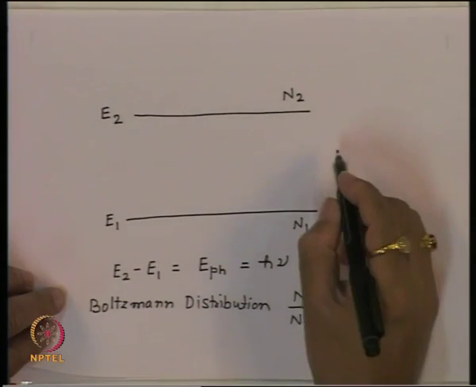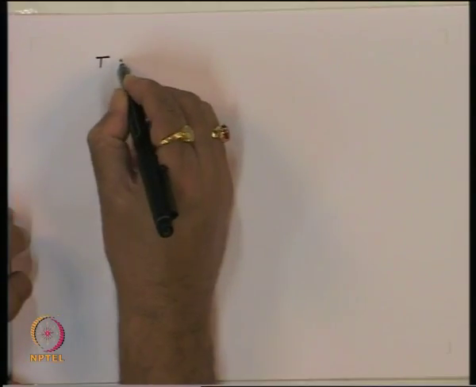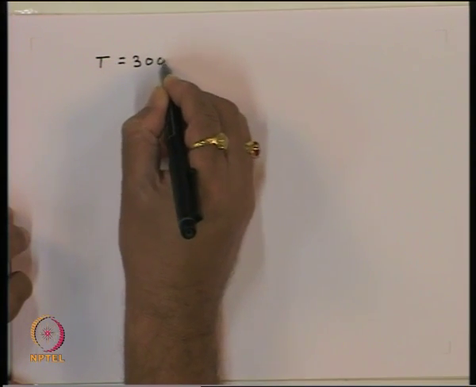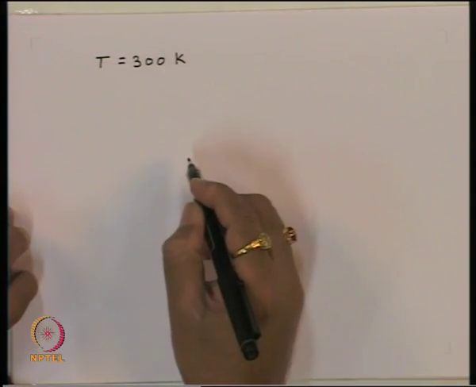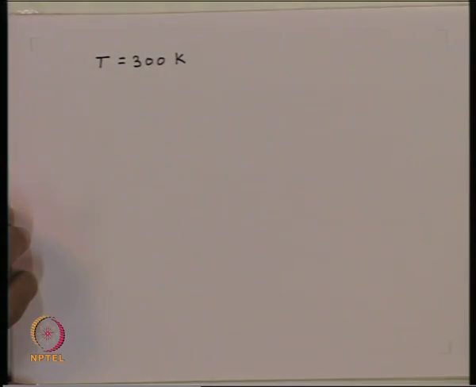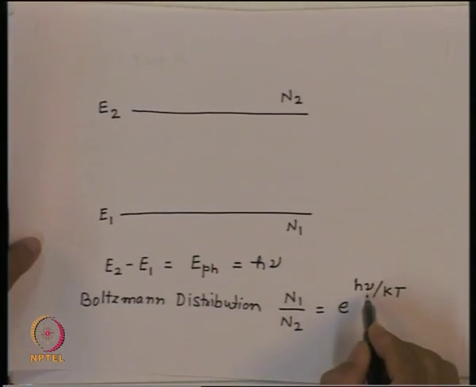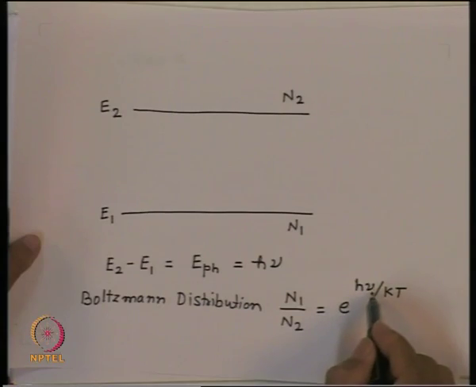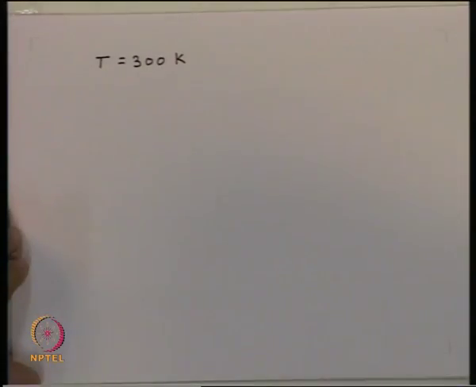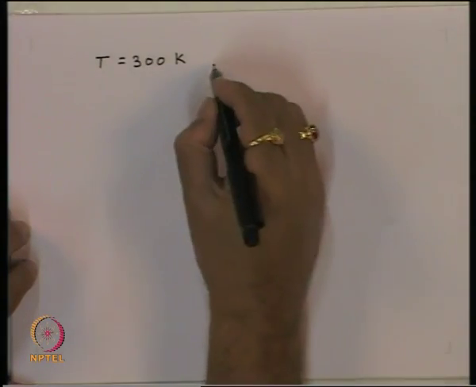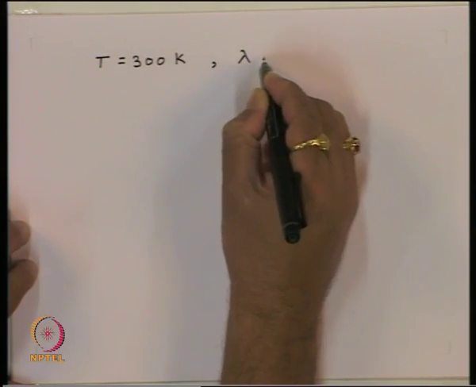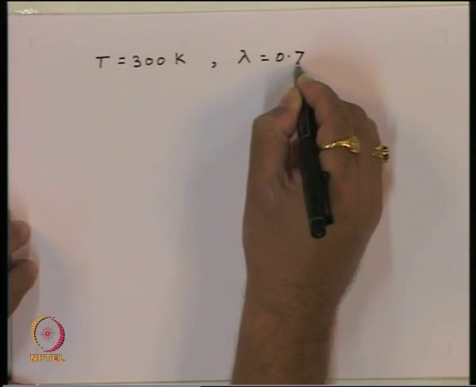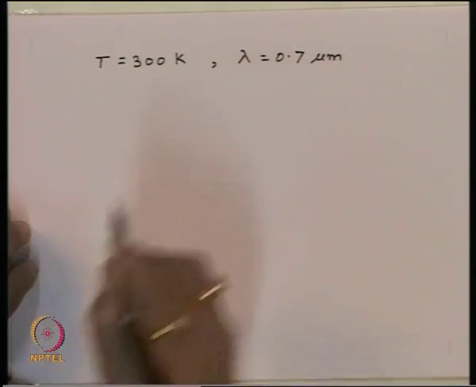So let us say I take room temperature, so T is 300 K, and let us say this frequency nu corresponds to a wavelength lambda which is about 0.7 micrometer.